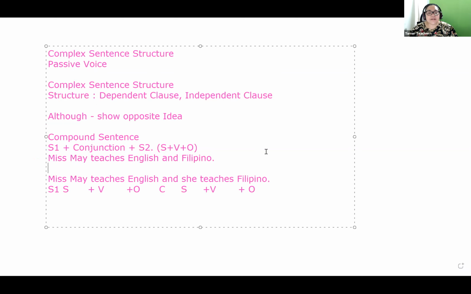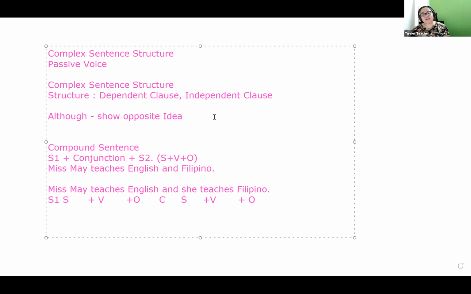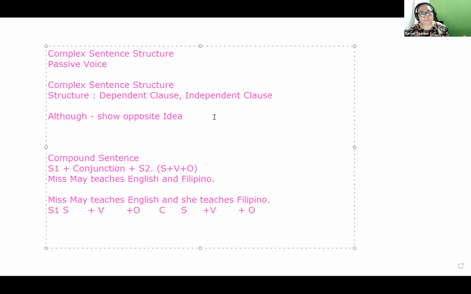Now going back to the complex structure, it is a totally different thing because it has one dependent clause followed by a comma and then an independent clause that makes the whole sentence complete. Here, although we use this to signify opposite views or opposite ideas.